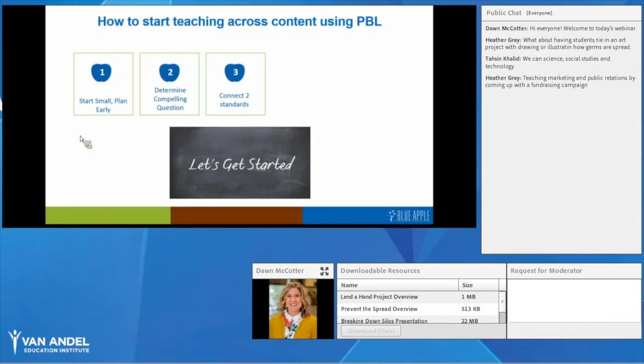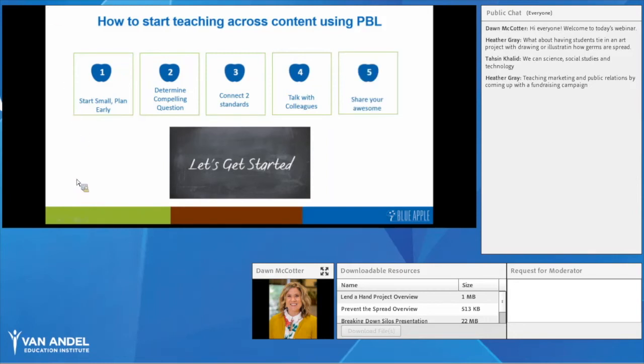What are two standards that you could bundle into this project? And talk with your colleagues. Talk with maybe the math teacher or the history teacher or another specials teacher in your building, and see if they want to team up with you on this. Work together and use each other as you start building these types of experiences for your students.